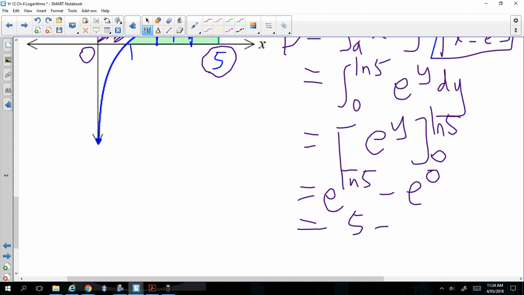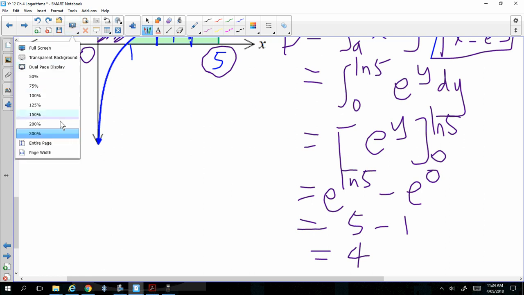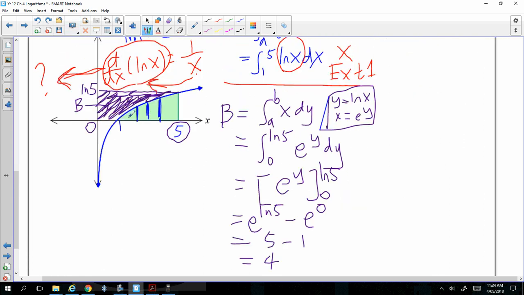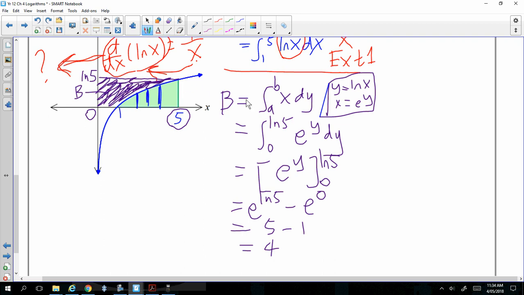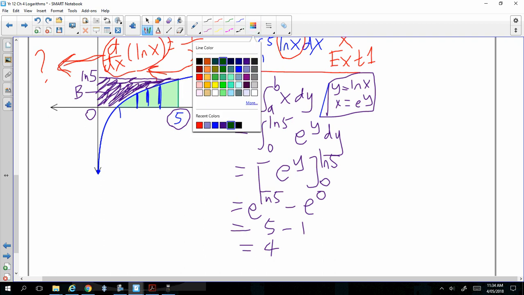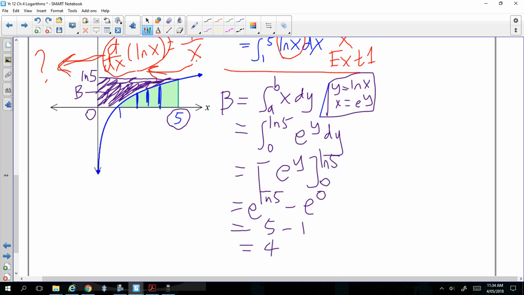So the area is 4, but that's not the area of the green bit that we want to find, right? We want to find the green bit. So how do you find the green bit? To find the green bit, which is what I'm going to do here, the green bit equals to, you can think about the rectangle here, subtract the purple bit.